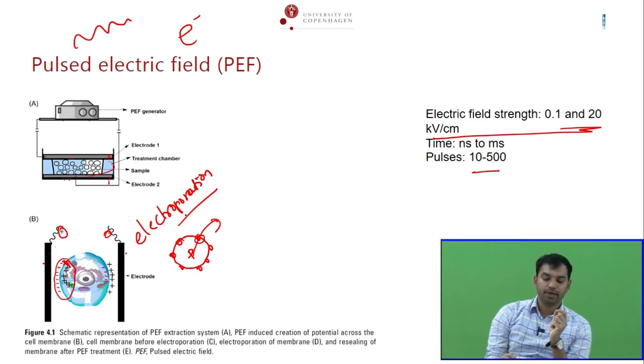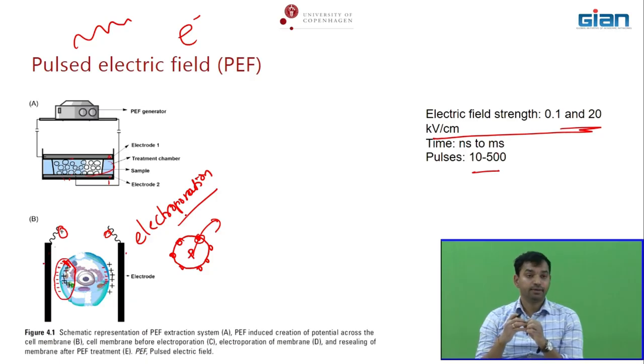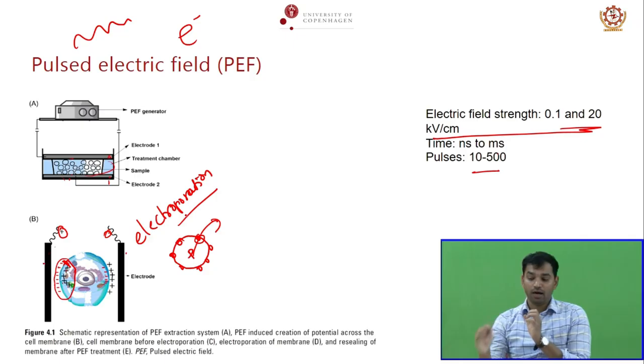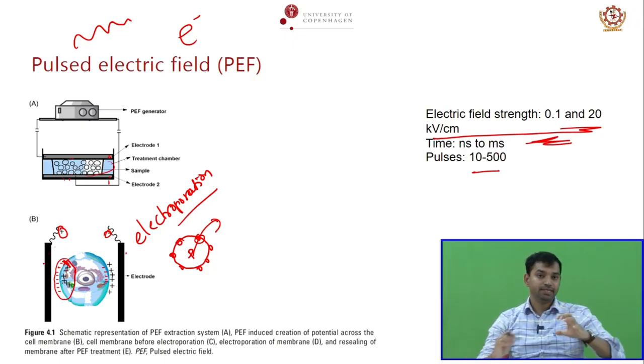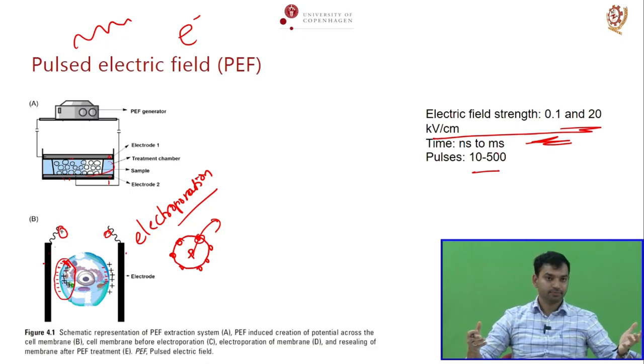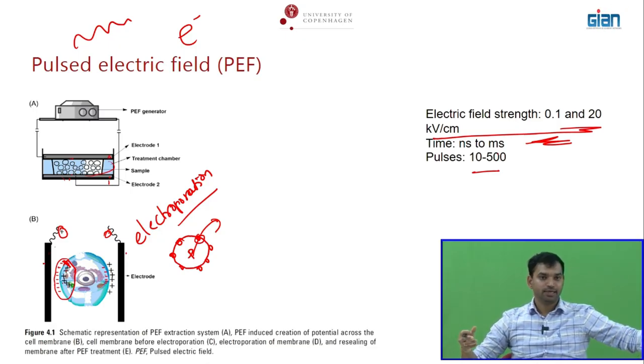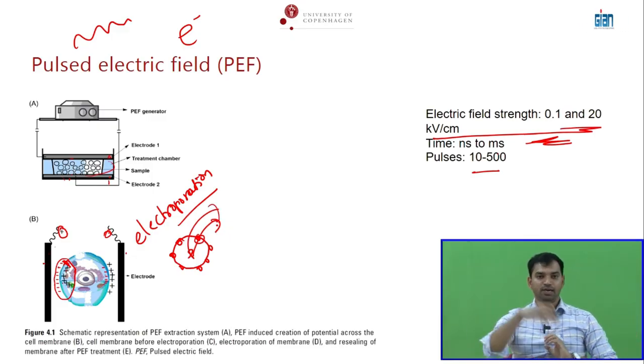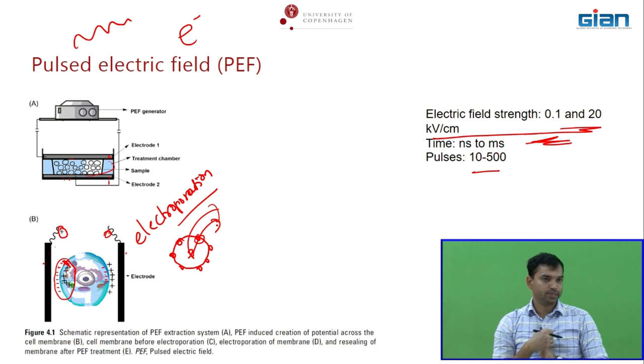Sometimes that's called electroporation. The hole can be reversible or it could also be irreversible, depending on what field strength you are applying. If it is reversible, basically the cells can rejuvenate. You can actually regrow them. If it's irreversible, the cells will die. Basically they leach all the cytoplasmic material outside, including the proteins.